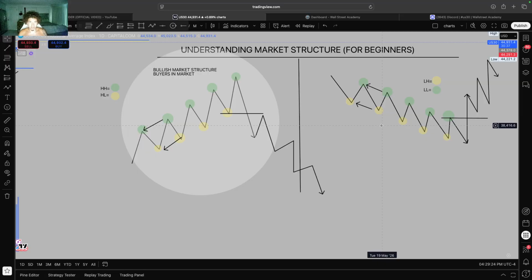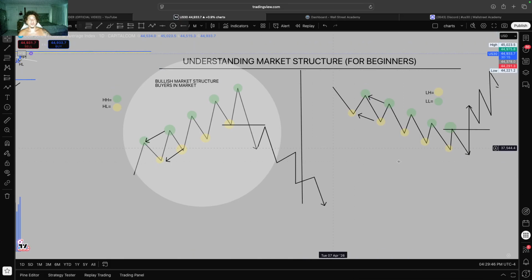Market structure, because market structure and price action, and if you could read the chart plain, I don't need no indicators on my chart. I trade with two indicators, which are volume, which the whole world uses, and the MA, a certain number of MA.